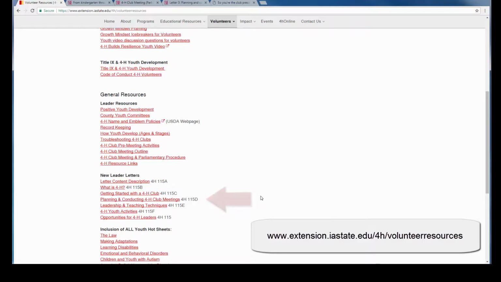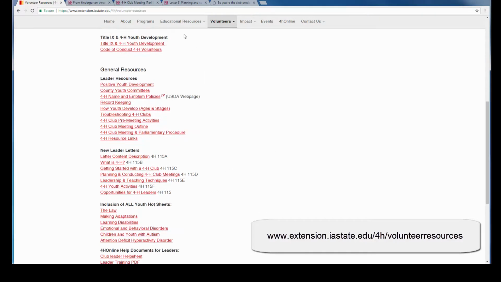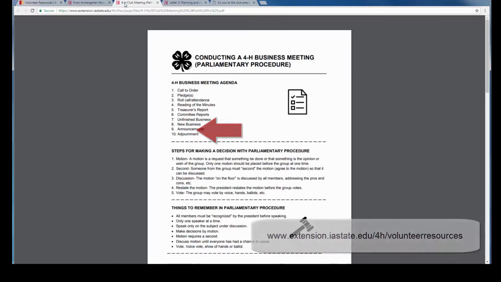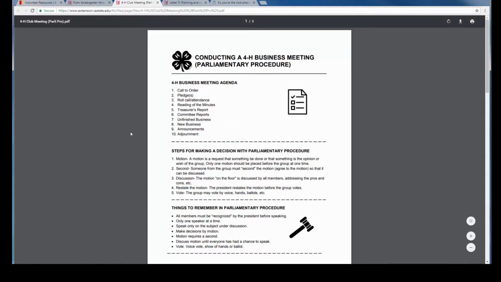A new resource called 4-H Meeting and Parliamentary Procedure, which is under General Resources, and it looks like this.